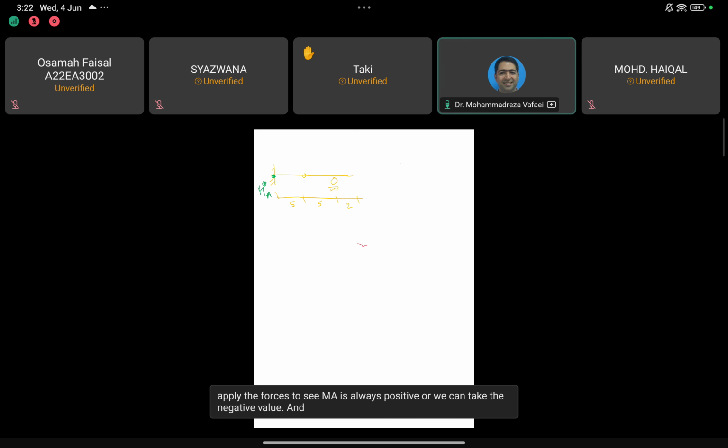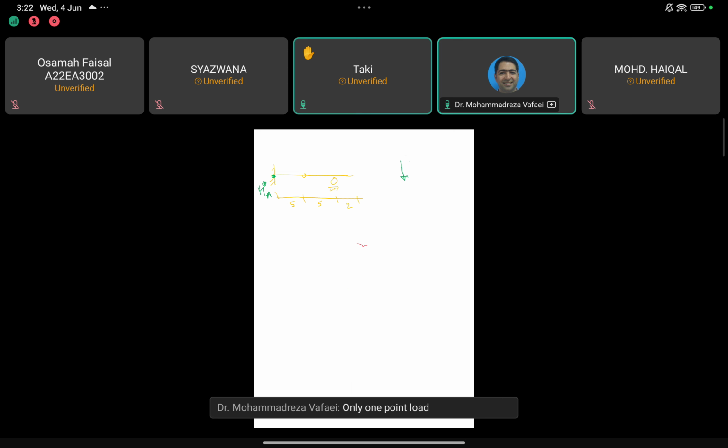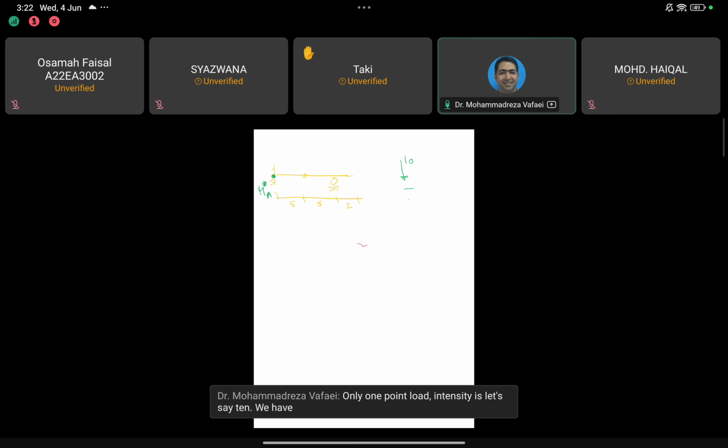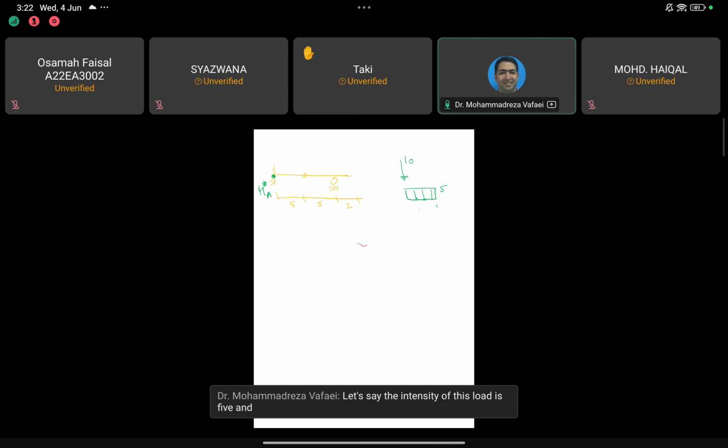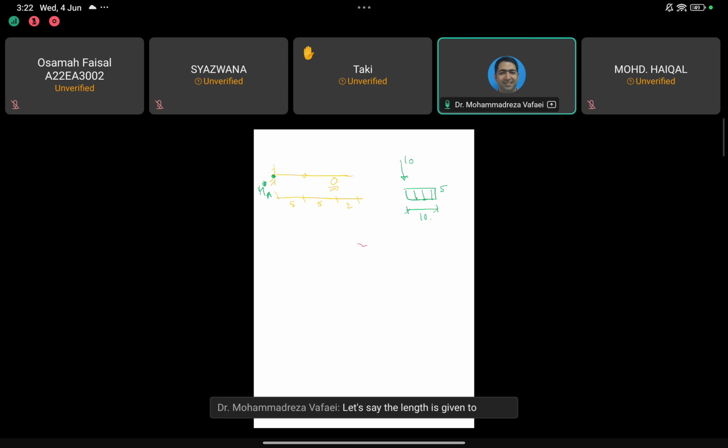And let's assume that we have only one point load. The intensity is, let's say, 10. We have a uniform distributed load. Let's say the intensity of this load is 5, and the length is given to us as 10 meters.